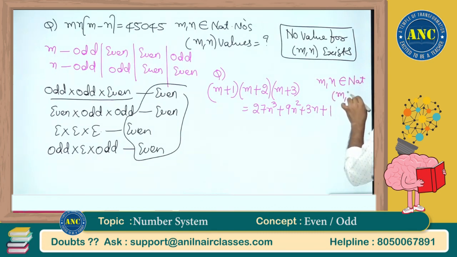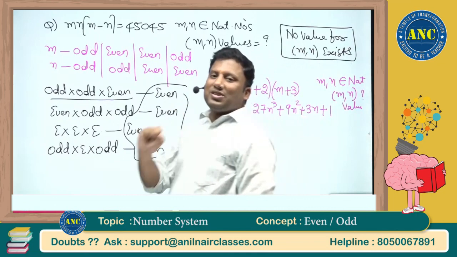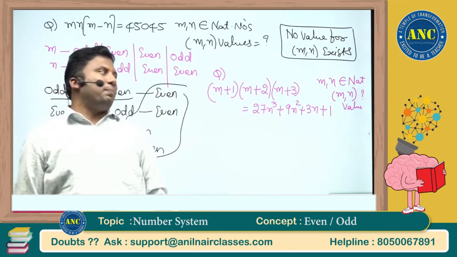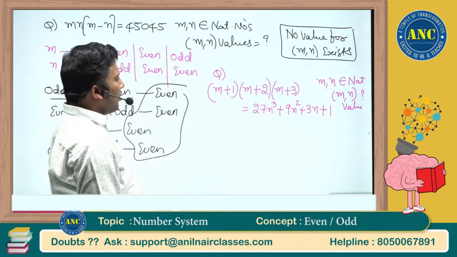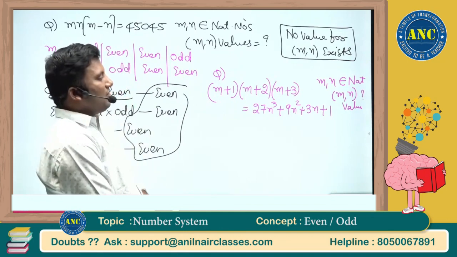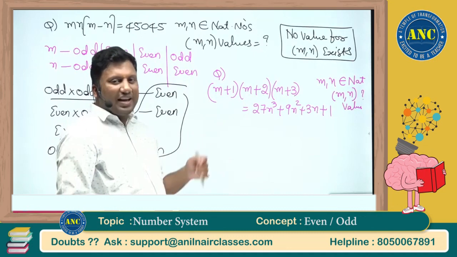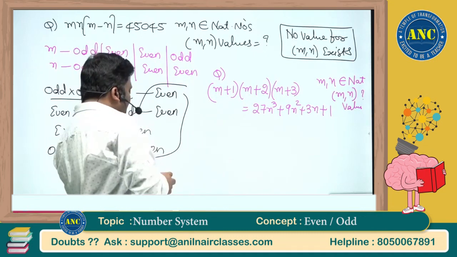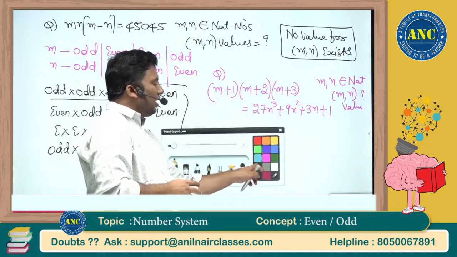How many values can M, N take such that this equation is satisfied? It seems like a difficult question, but actually it can be solved in less than 5 seconds if your fundamentals are good.